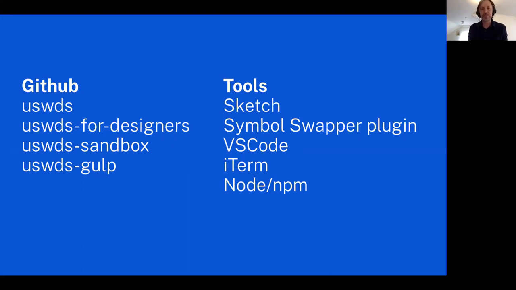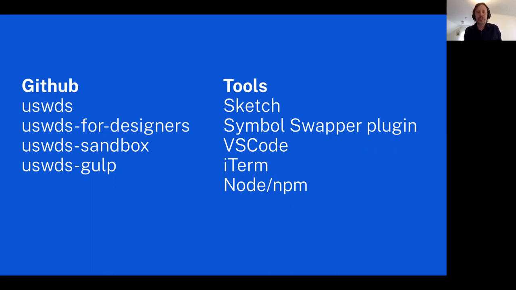I use the Jekyll setup that we have in USWDS Sandbox. And to compile our USWDS Sass style sheets into final production CSS, USWDS Sandbox uses USWDS Gulp.